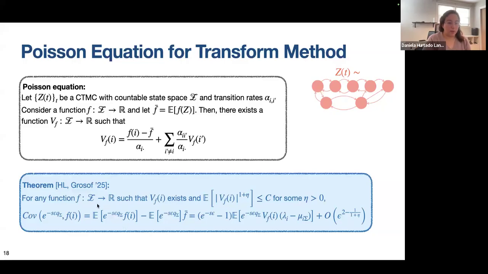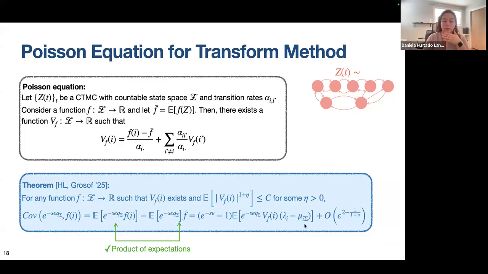In our equation before, we had the expectation of products, and we want the product of expectations because that's easy. So first we're going to be able to separate the product of expectations. And as with anything in life, there's a price, so we're going to characterize the error of this approximation. This error has some s epsilon terms, and here we have the solution to the Poisson equation plus some other bounded terms.